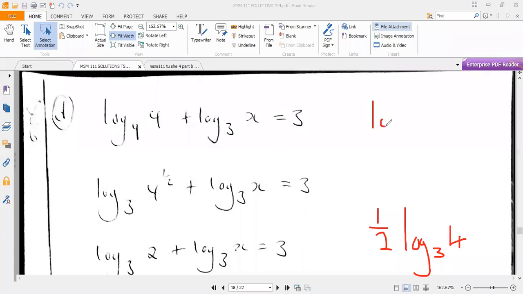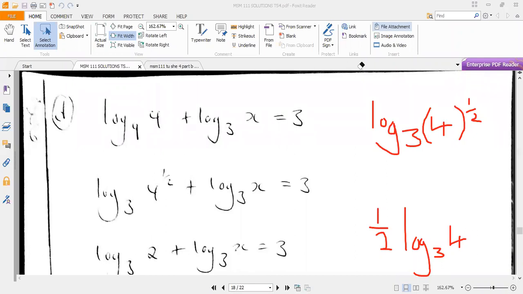So we have log base 3, 4 to the power what? If we were to even put these guys here, to be 4 to the power 1 over 2. So that's how we got this guy here. So I didn't want to show all this process. There's a shortcut way which you can do this. You don't have to go through the same process when you are trying to change the base.